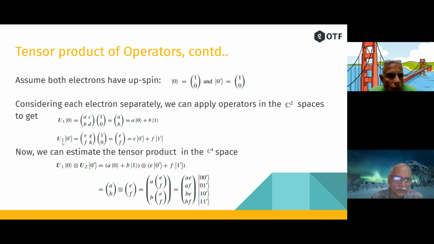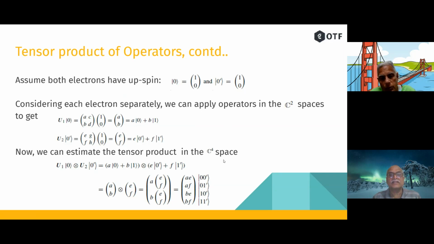Similarly, if you take U2, U2 is defined by this operator here, and if this U2 is operating on ket 0 prime, ket 0 prime is the state 0 in the second space, so it is once again your 1 0 as a column vector, and this will give me e f. And this e f once again in bracket notation will be e ket 0 prime plus f ket 1 prime.